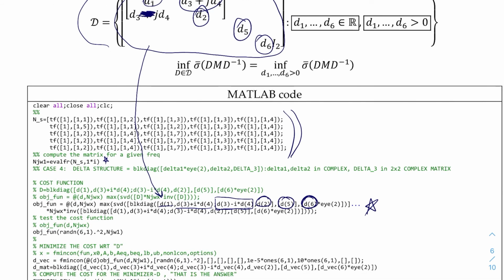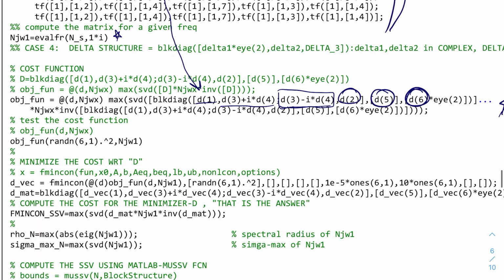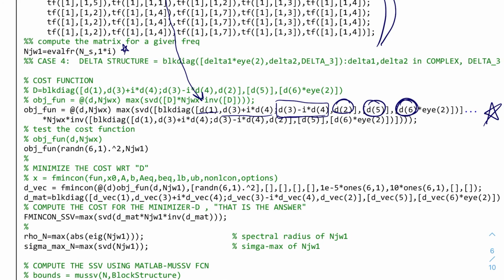Okay, since we have 6 terms, D1 dot dot dot D6, right?